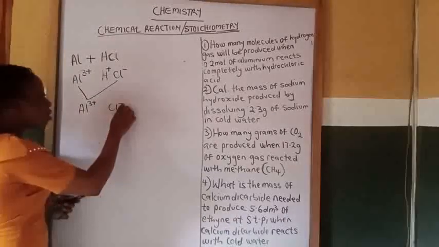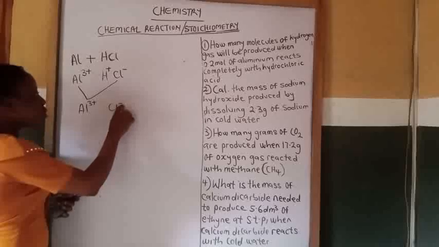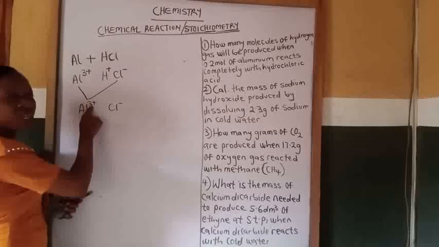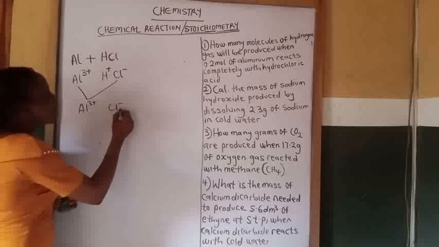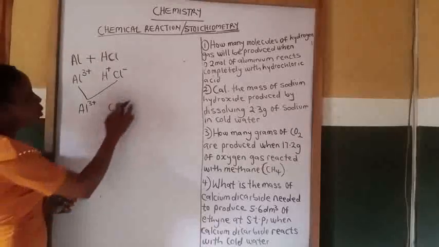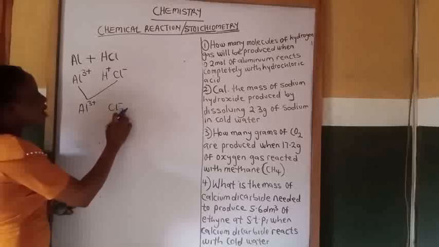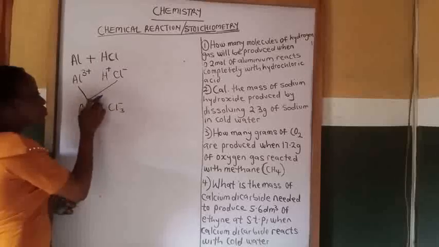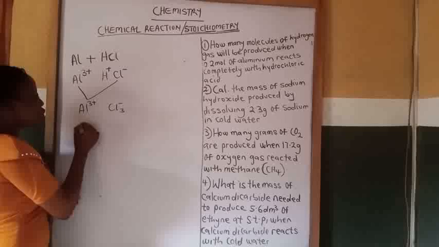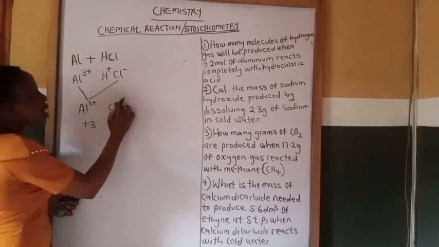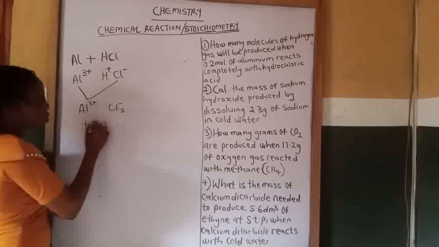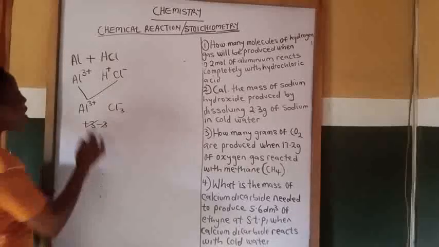So -1 will not neutralize 3 plus, so we multiply this one by 3. By the time you multiply chlorine by 3, we have 3 atoms of chlorine. So -1 times 3 will give us -3, and the two charges will cancel each other.